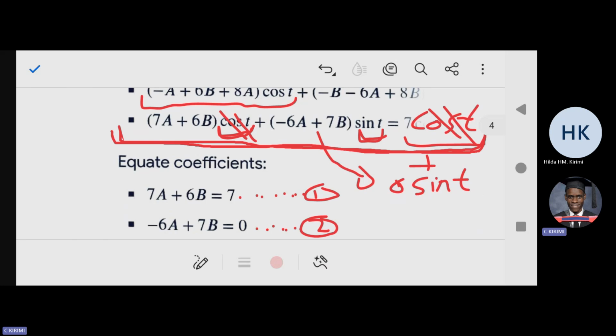Then you solve these equations simultaneously: two equations, two unknowns. I'm giving you 2 minutes to solve it simultaneously. You tell me the values of A and B.